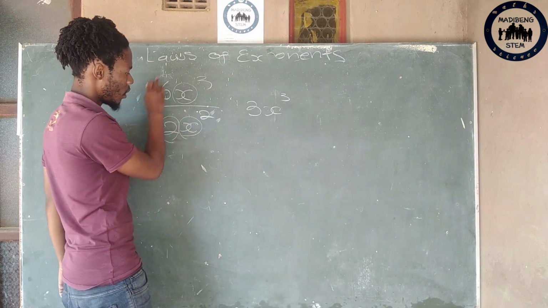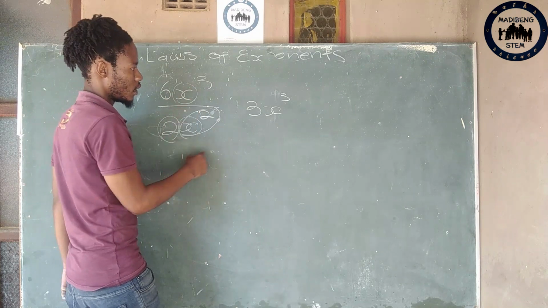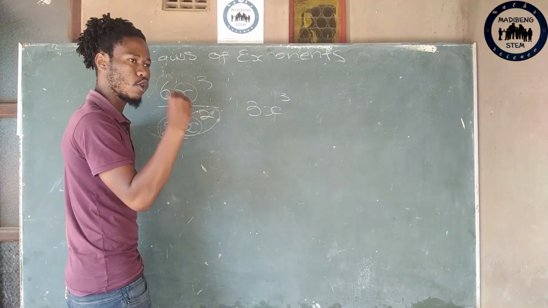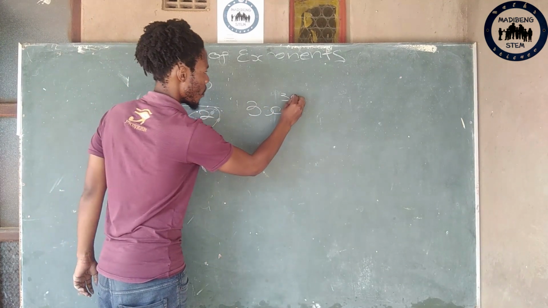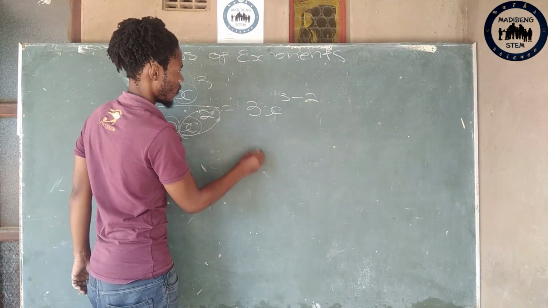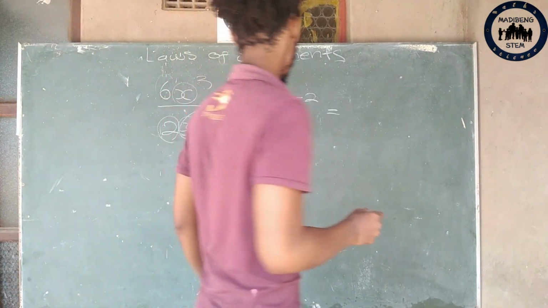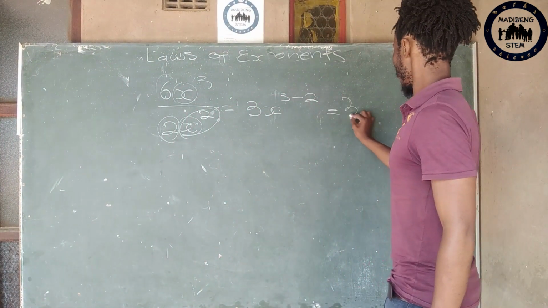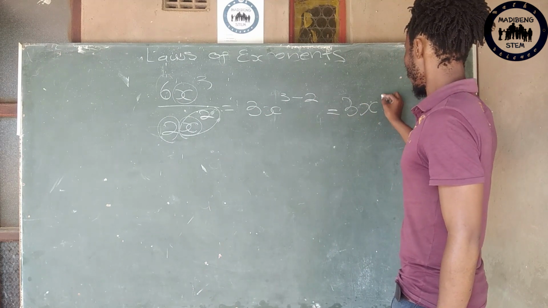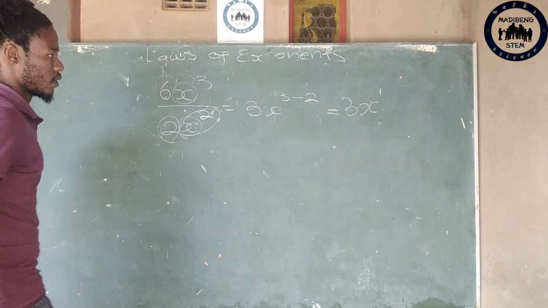We subtract the denominator exponent. Always remember that. So we have 3x to the power 3 minus 2, which gives us 3x to the power 1, because 3 minus 2 is 1.